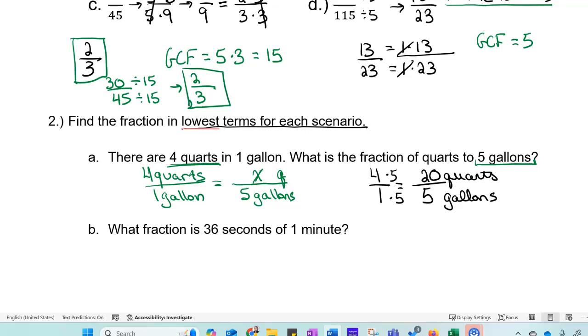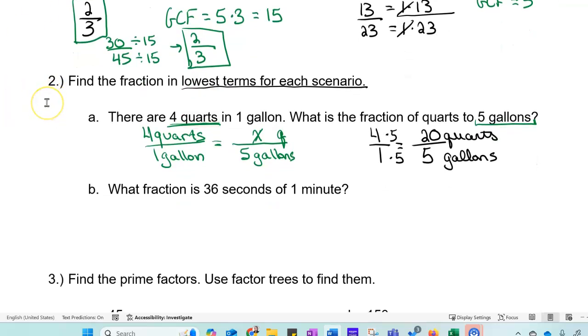All right, so looking at this next one, we have what fraction is 30 seconds of 1 minute? Well, here we're just taking a relationship that they've given us and writing it as a fraction. So what fraction is, again, here's the first value.